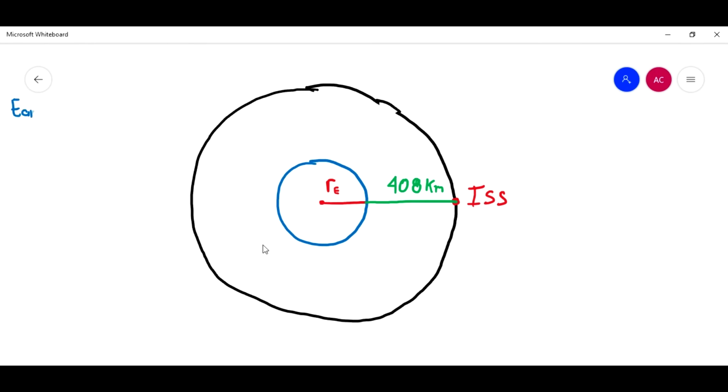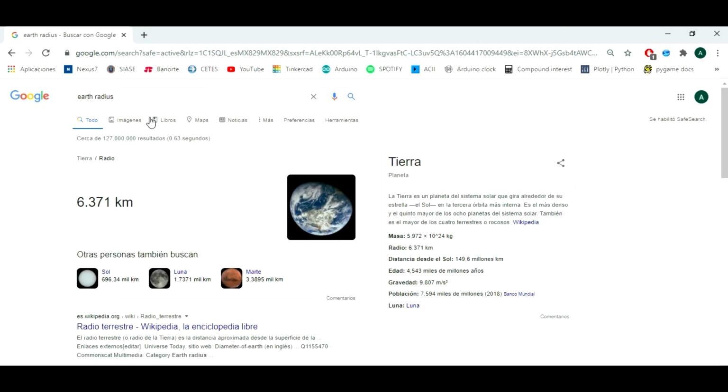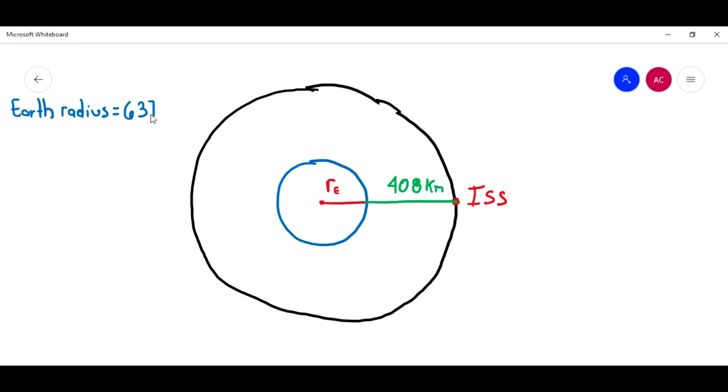Earth radius equals 6,371 kilometers. That means that the full radius that I'm going to use will be, as a sum, this distance plus this distance.